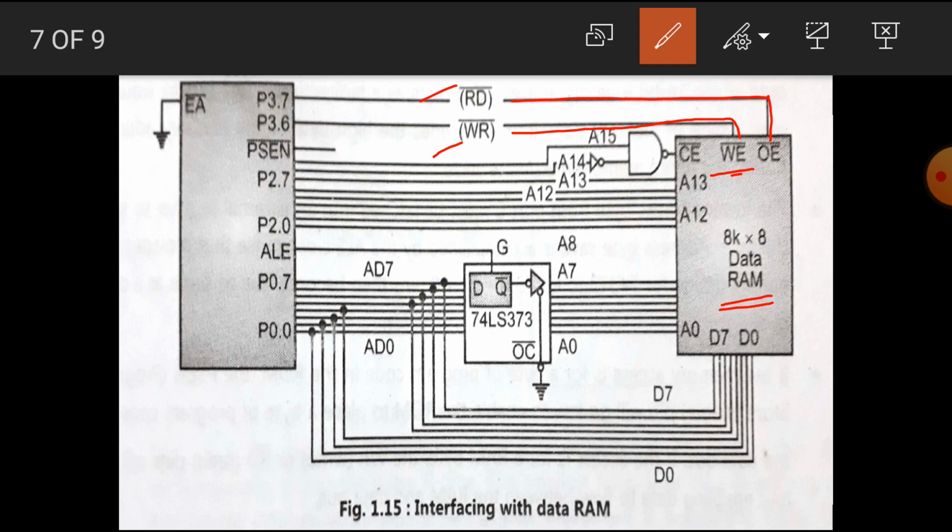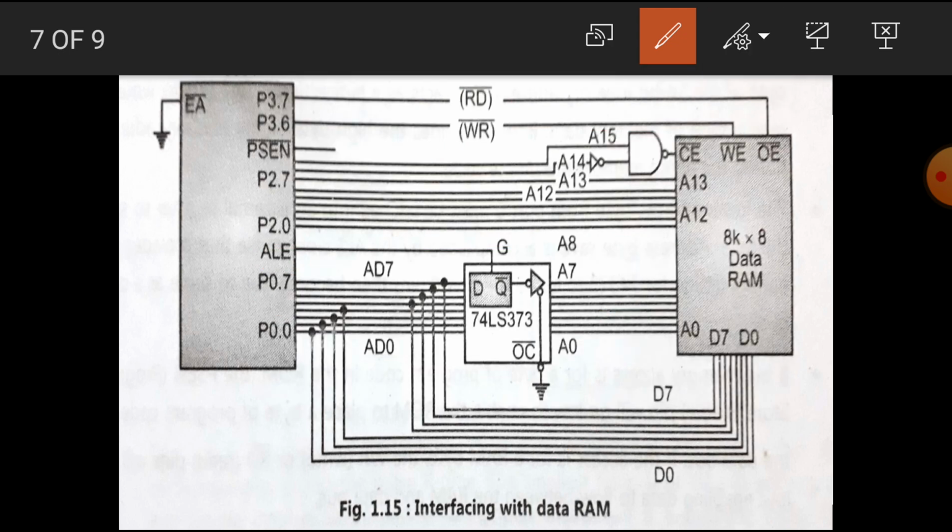Okay, now let's see, this part is similar to the previous diagram. What is the function of this part? Here the port P0 is given, and the latch is given to demultiplex address and data, which is based on this ALE pin.